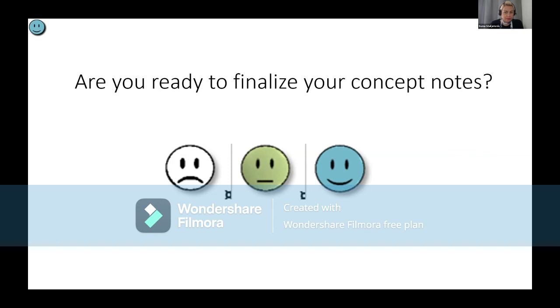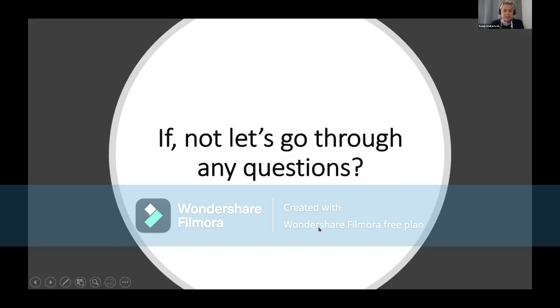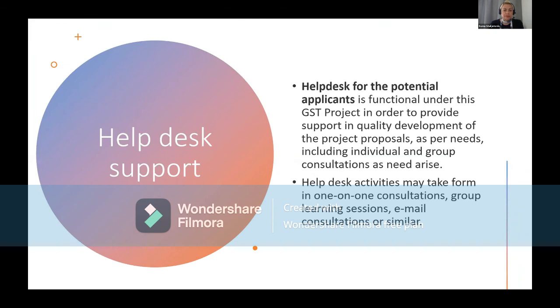Of course, you're invited to ask more questions, but just to go through some information details until the end of this presentation. We will certainly reply to any of the questions, but just to stress that this help desk support for potential applicants is functional under this GST project in order to provide you the support in quality development of the project proposals as per needs, including individual and group consultations, depending on the needs.